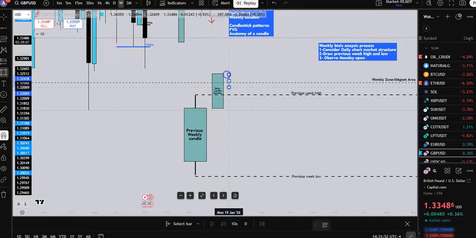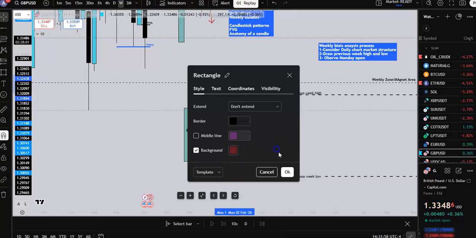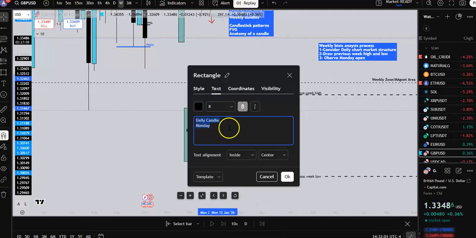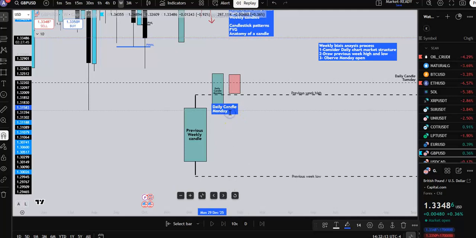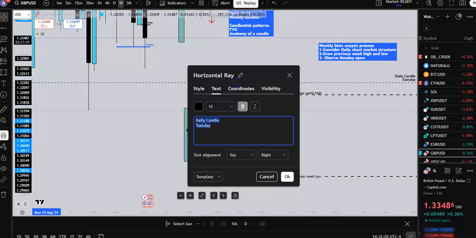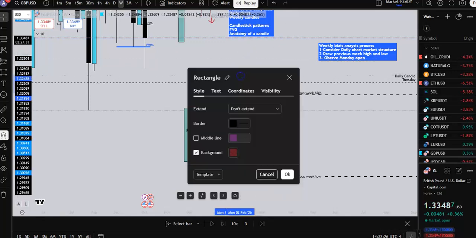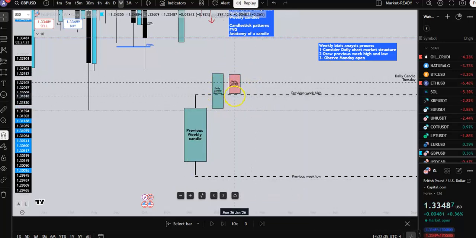We may, this is just an example, have a bearish Tuesday. A break and retest.